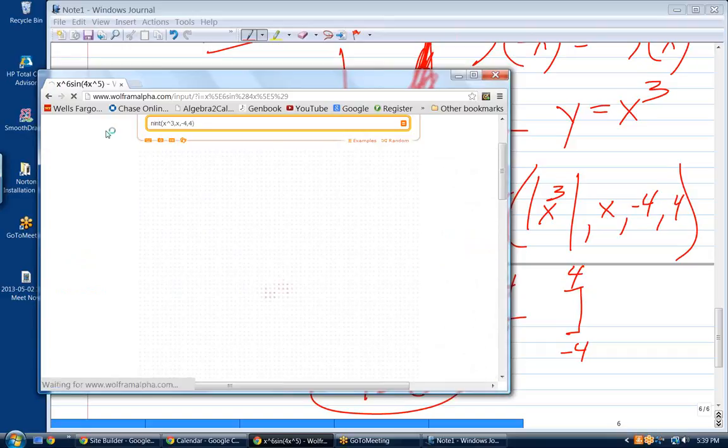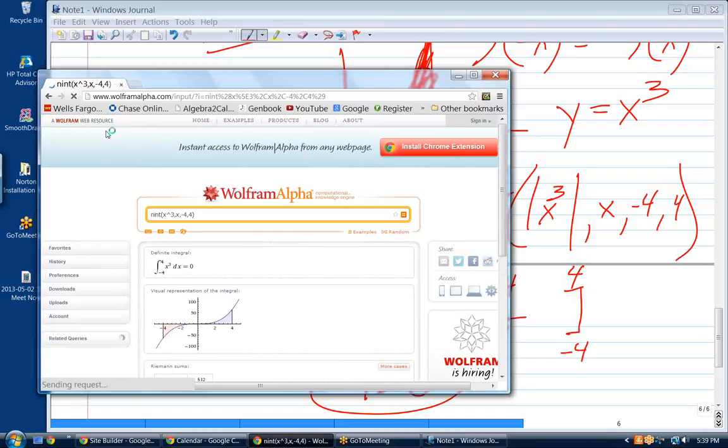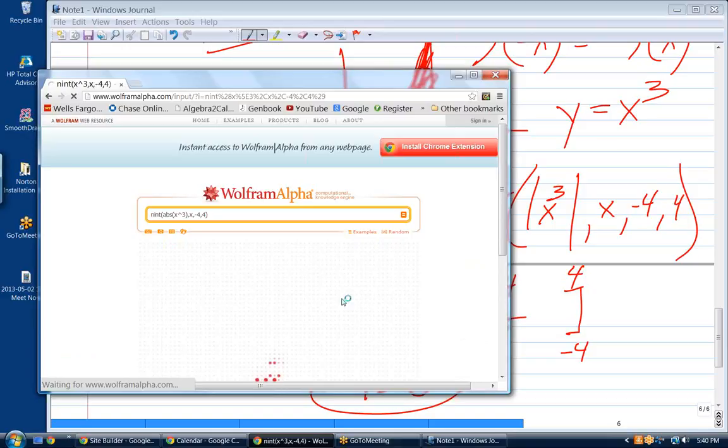Okay, so this should give me 0, which it does. And now if I want the absolute value, do you know what that is on Wolfram Alpha? Probably ABS, and then I need to put the function in. Okay, so this should give us 128.